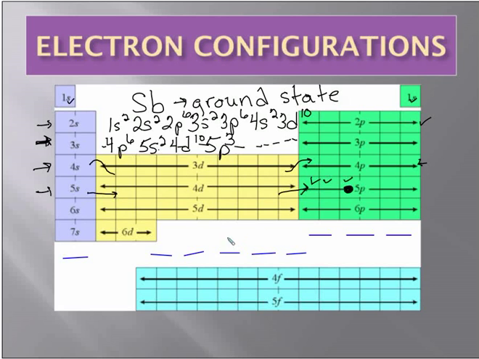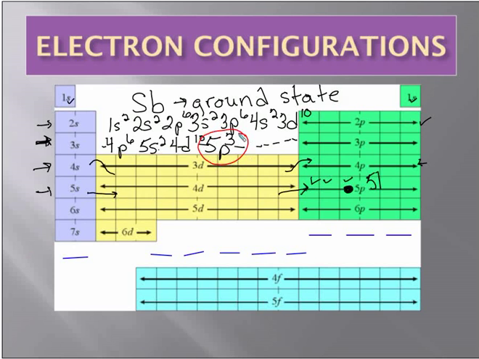Now that gives us antimony, and if you had to identify that electron configuration as antimony, you could add up all these electrons. You could do 2, 4, 10, 12, 18, 20, 30, and so forth, right? You could add them all up and then find out which element has 51 electrons, and indeed that would be antimony.